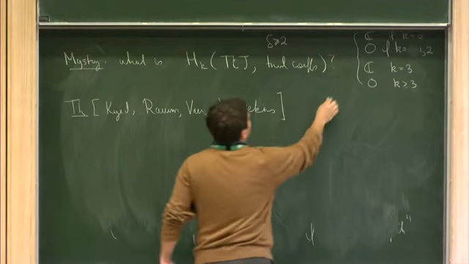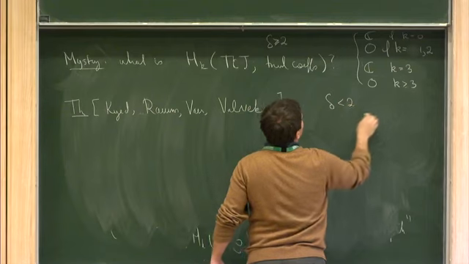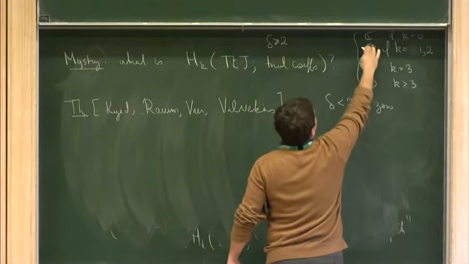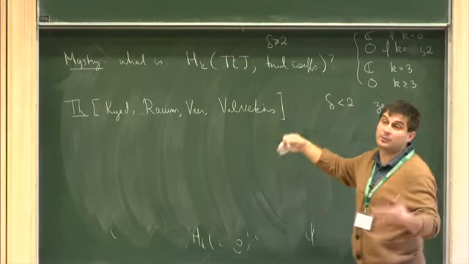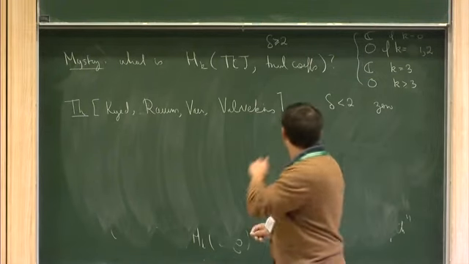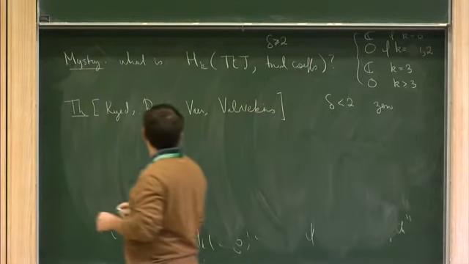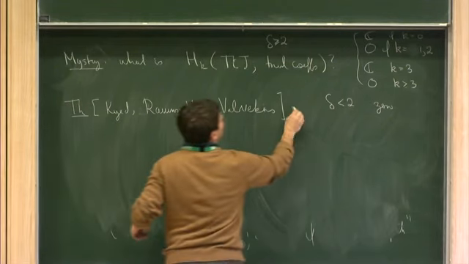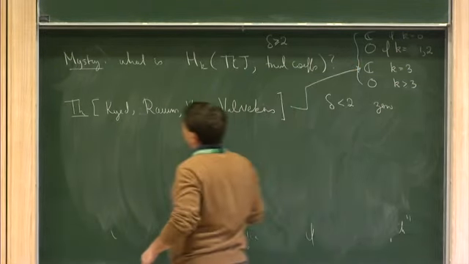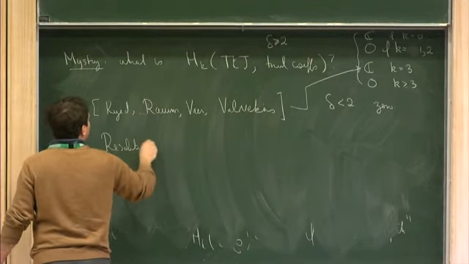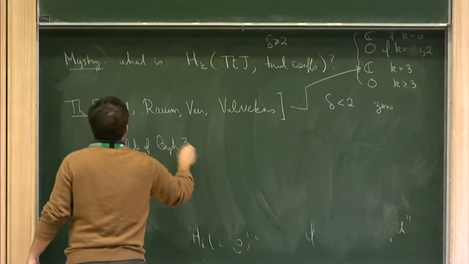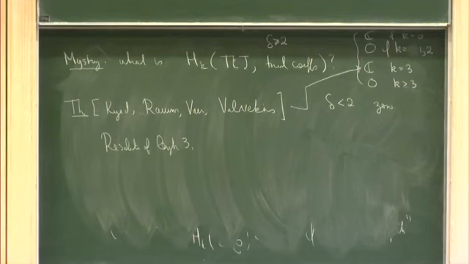If delta is less than 2, then at least all of these are 0. The 0th one is special, but all of the other ones are 0 by our theorem, because it is finite depth, so everything vanishes. So they are able to compute this, and at the heart is a resolution of length 3. In fact, they establish a much deeper fact that the Temperley-Lieb-Jones tube algebra has homological depth 3.